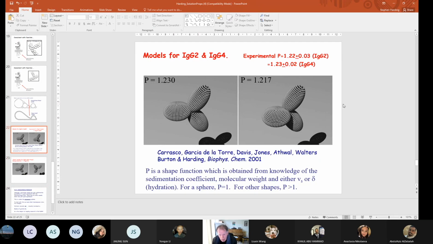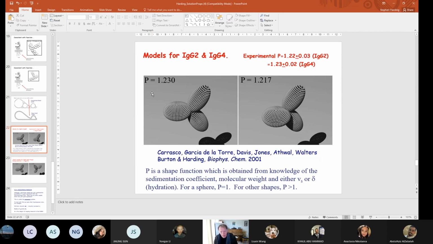We've basically combined solution measurements we've done on the FC and Fab fragments of IgG antibodies, and we've done solution measurement of the sedimentation coefficient on the intact antibody molecule, and we've combined that with information from the known crystal structures of the FC and Fab domains, combined all this information together, and we end up with a sedimentation conformation parameter known as P, which stands for Perrin function, P. Now, this conformation parameter P is very useful because when P has a value of 1, it means that we have a sphere.